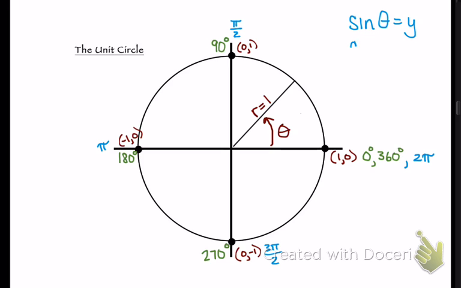Think about that. Cosine is x over r, but if the radius is 1, x over 1 means the cosine in the unit circle is simply the x value. And to find the tangent, same deal: we take y over x.